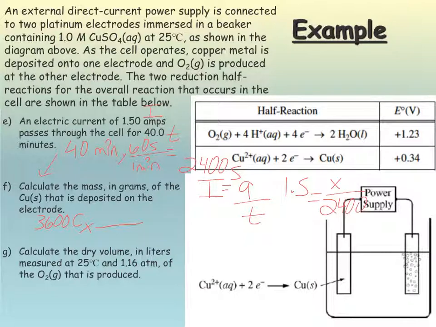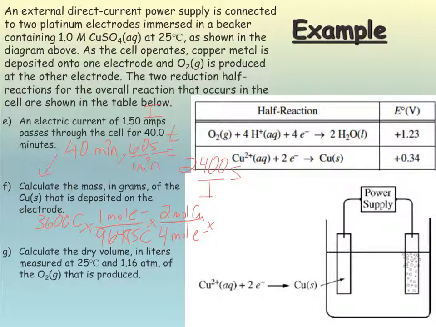Okay, and I've got to get my coulombs to the mass of my copper. So I have the coulombs equation, which is equal to 1 mole of electrons. Now, if you remember from our balanced redox equation on the other side, we were dealing with 4 moles of electrons, and every 4 moles of electrons was giving me 2 moles of copper. Then the next step is for me to get grams of my copper.